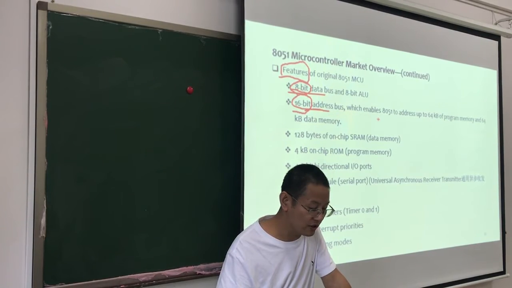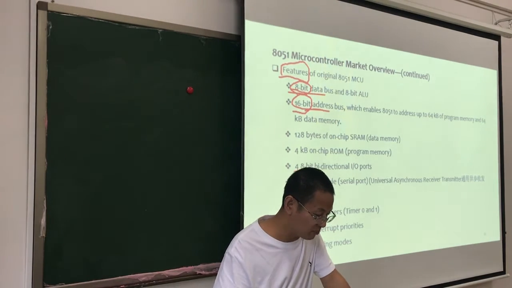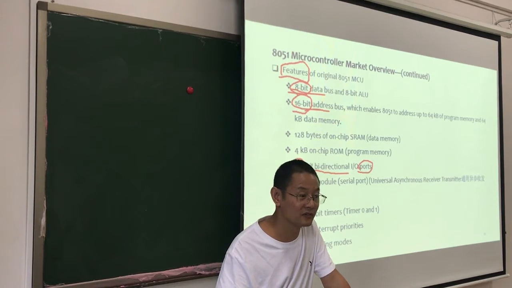The 16-bit address bus enables the 8051 to address up to 64 KB of program memory and 64 KB of data memory. 128 bytes of on-chip SRAM, 4 KB of on-chip ROM, 4 8-bit bidirectional I/O ports. Every port has 8 bits.